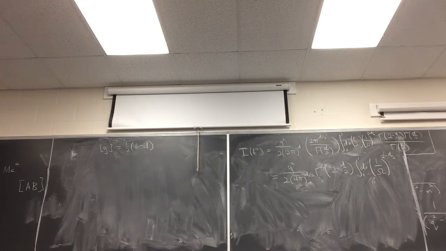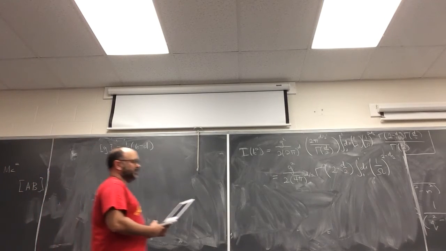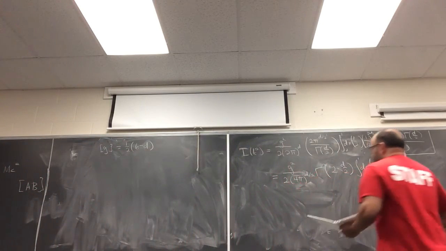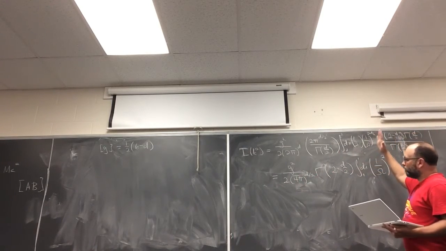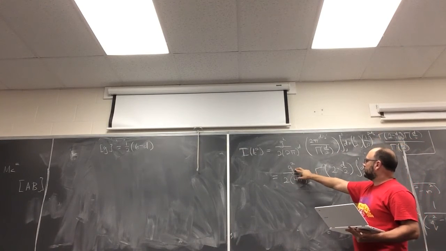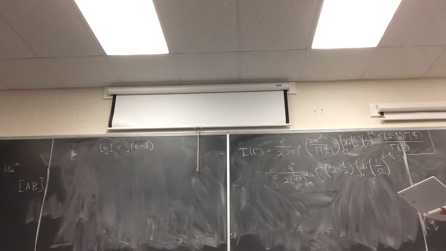Yeah. So let me start back over. We want to take the limit as d goes to 4. But the first thing we have to do is address this coupling.